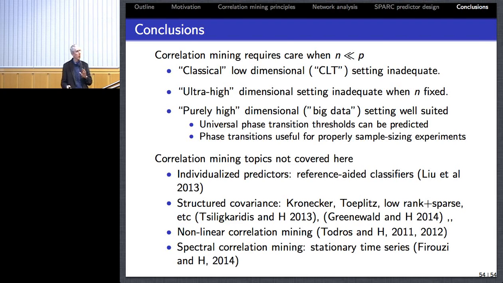Toeplitz is an interesting one because it means that you are perhaps correlated over time, but you're stationary over time; the correlation isn't changing over time. So Toeplitz structures can be very useful when you're doing longitudinal, serially sampled studies, with correlations from time to time and also correlations between biomarkers.